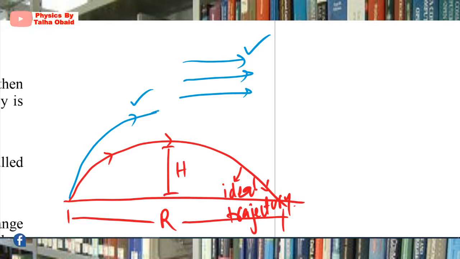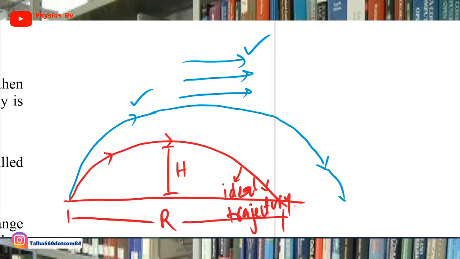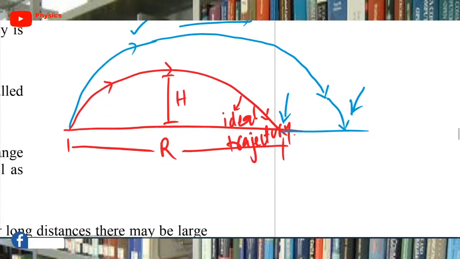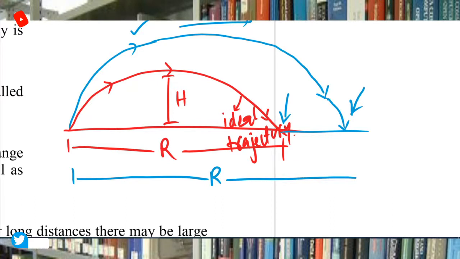The ballistic missile would fall far beyond the target. We were expecting it to fall here, but it is falling down here. So we can say range and height both are being affected, the range has increased and also the height.